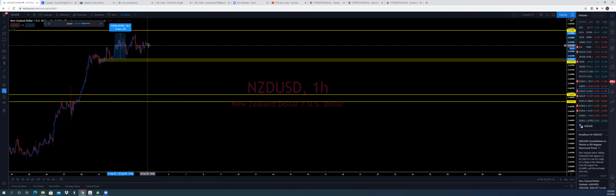So I'm thinking that it's probably gonna lag Euro USD and GBP USD, and then we'll probably see a move out of NZD USD like this right here at the beginning of next week when the market opens. So we'll probably see this move from NZD USD.